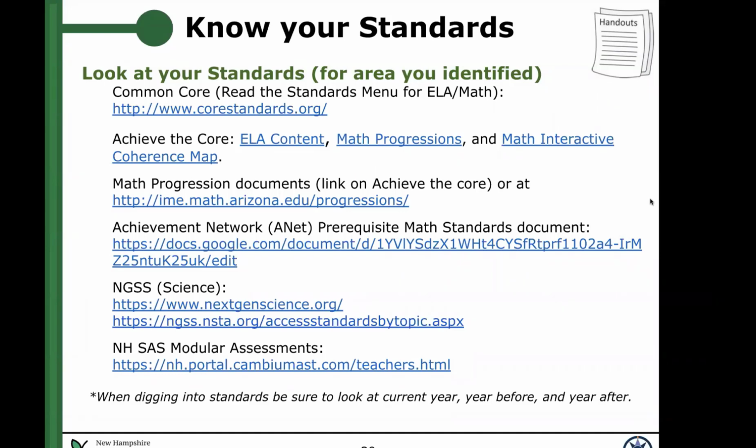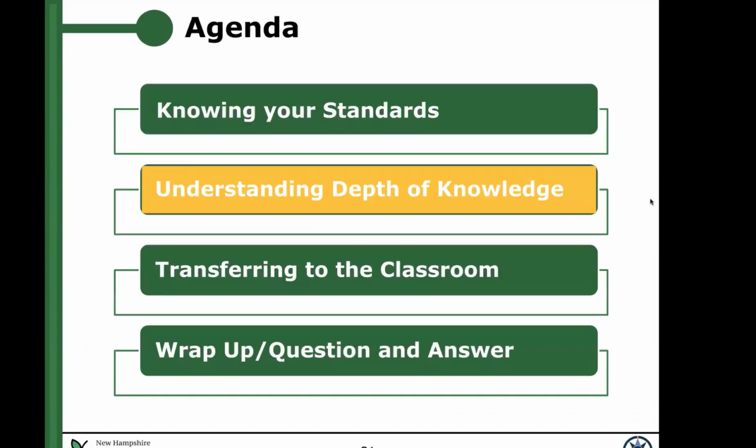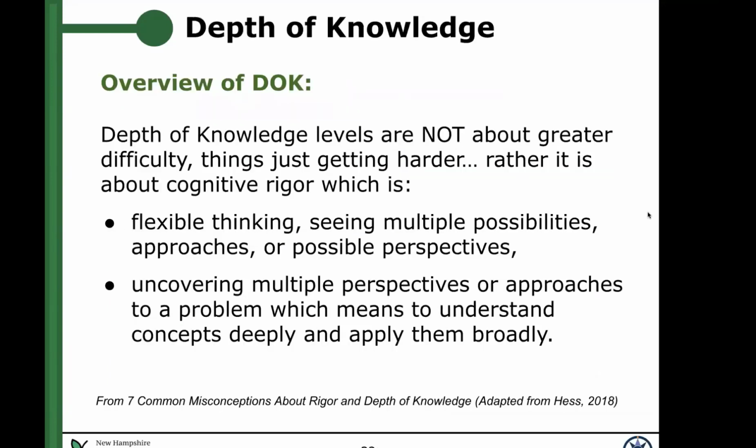So next is understanding depth of knowledge. Depth of knowledge became better known after Bloom's taxonomy. And while Bloom's taxonomy is a hierarchy, depth of knowledge levels are not. So it's not about things getting more difficult or things just getting harder.